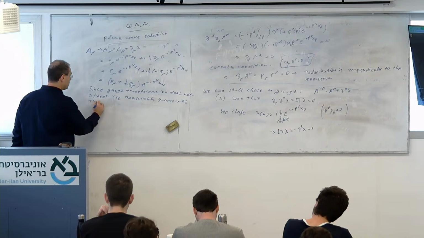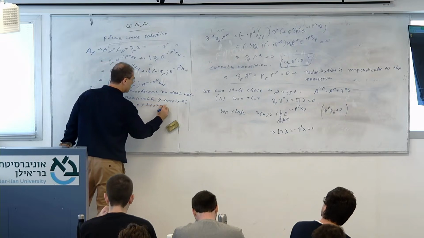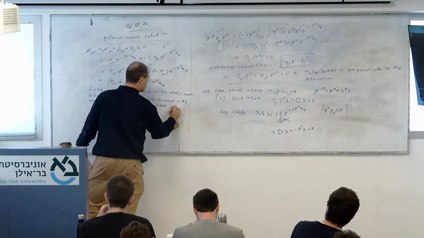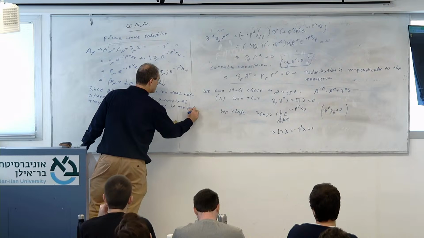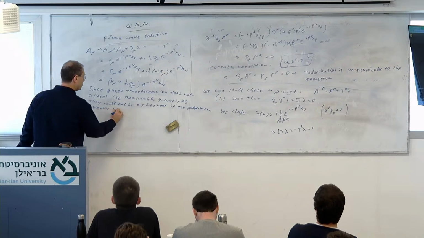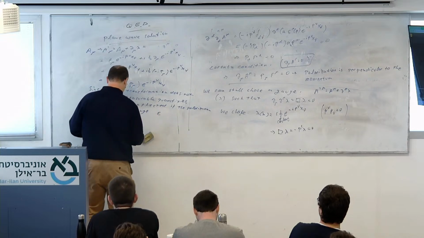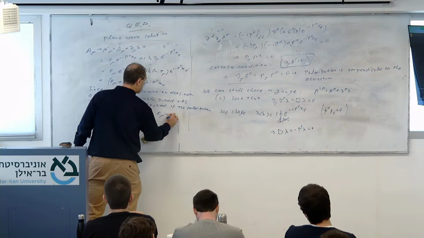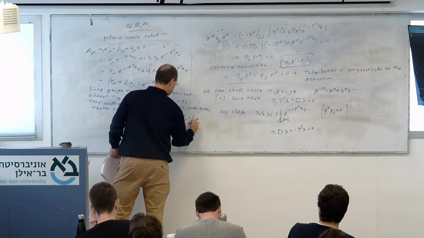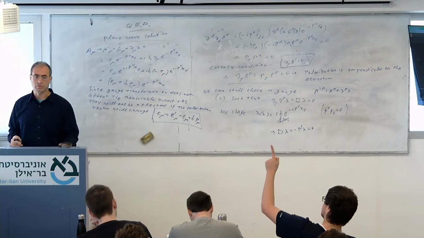They will not be affected if the polarization vector changes as epsilon mu goes to epsilon prime mu, which is epsilon mu plus b p mu. So we have this freedom of choice of polarization vector.